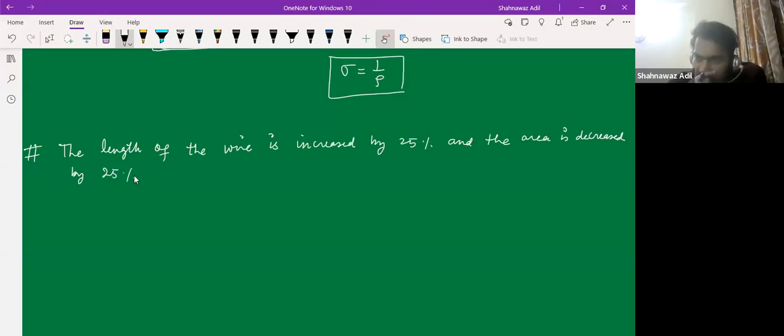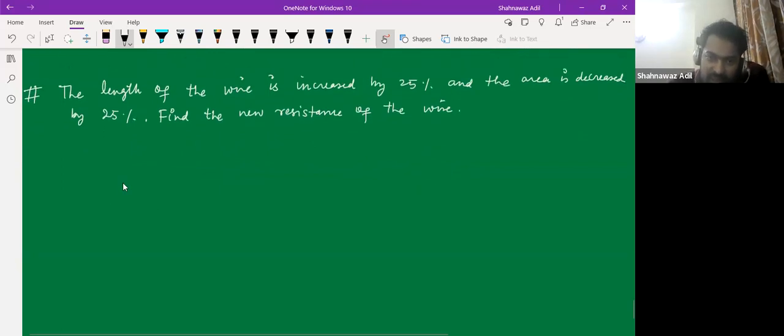So length is increased, area is decreased. Find the new resistance of the wire.